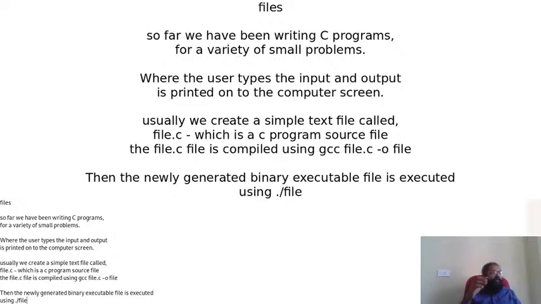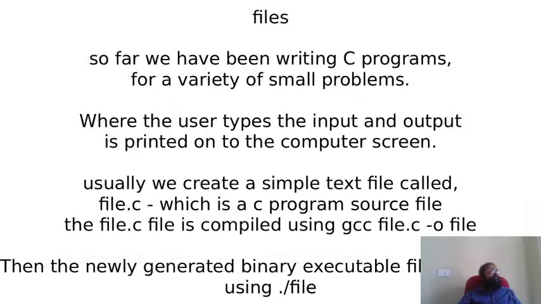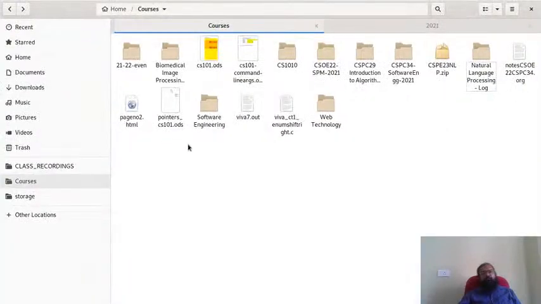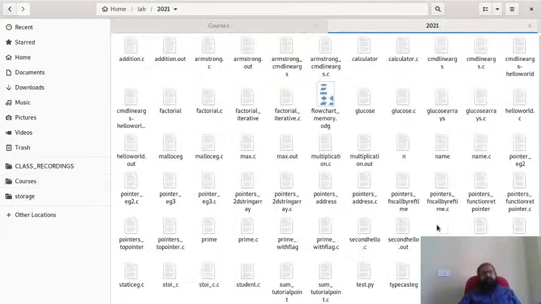So what I am trying to tell you is that when we were working with C programming, we have created multiple .c files, right? Addition.c, Armstrong.c, calculator.c, command args.c, hello world.c, glucose.c, factorial.c, factorial_iterative.c, correct? And when we had a drawing, it was called flowchart_memory.odg, and so on.